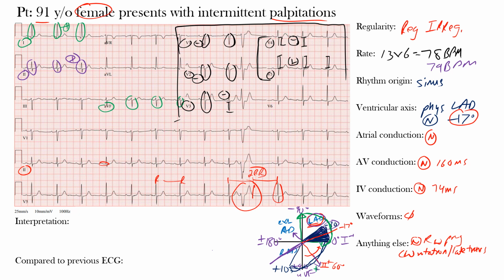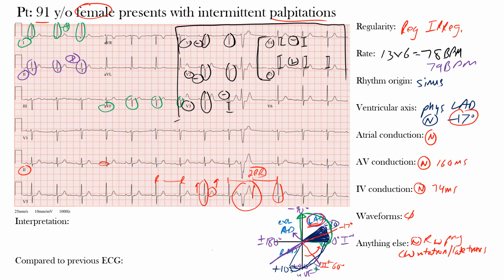Okay, we mentioned there's that compensatory pause, so the overall timing of the beats is not affected. There's discordant ST and T wave changes. And what do we mean by discordance? Well, notice that in our normal complexes, we have these upright QRS complexes, mostly positive up, and the T wave is also upright.